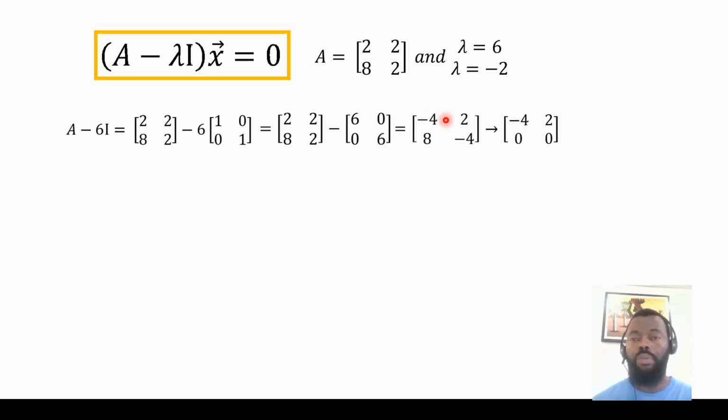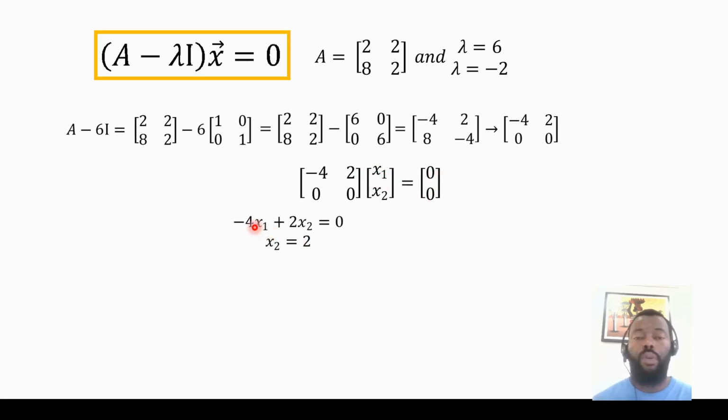So we can simplify it by echelon form. We have to remember that the operation that we're performing is this one, where we have this matrix that we already have the result of, multiplied by the vector equal to 0. So we have here, and here we will have 0, and here we will multiply negative 4 times x1 plus 2 times x2 equal to 0.